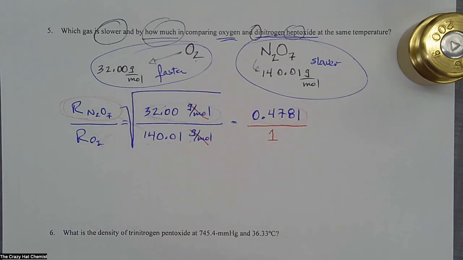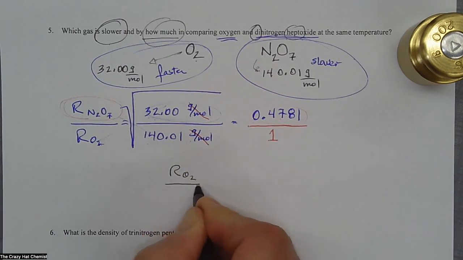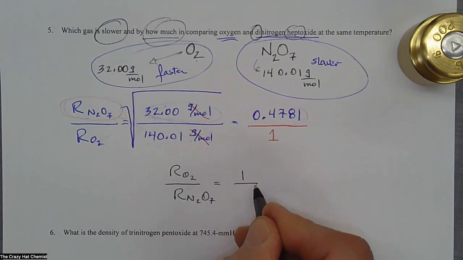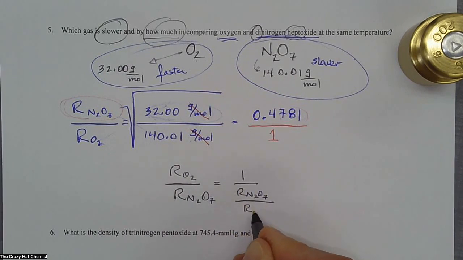As a converse to this, I'm just going to throw this in here. The rate of oxygen over the rate of dinitrogen heptoxide is equal to 1 over the rate of dinitrogen heptoxide and oxygen. So it's the reciprocal.